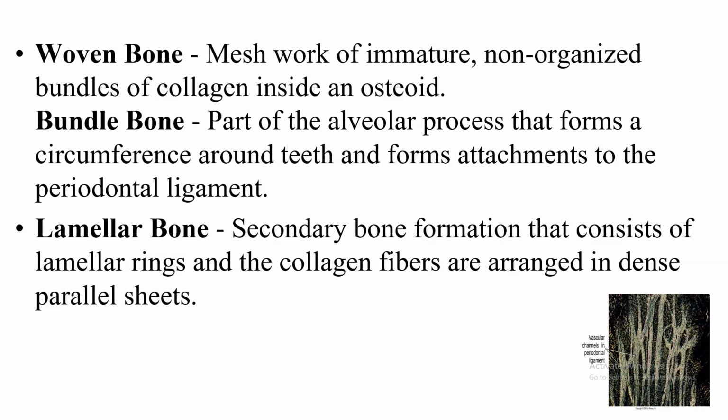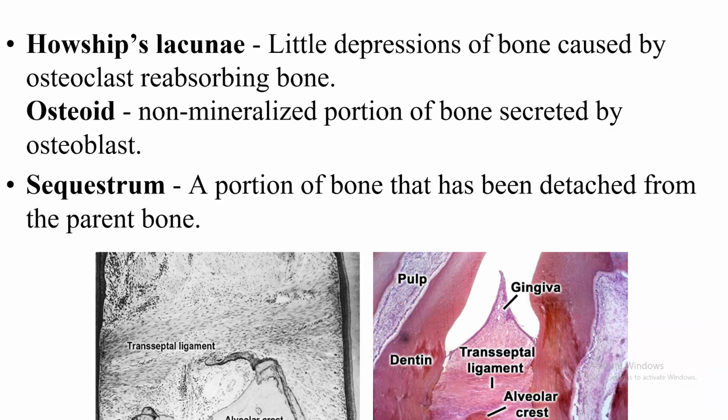Laminar bone, secondary bone formation that consists of laminar rings, where the collagen fibers are arranged in a dense spiral sheet. Trabeculae, little depressions of bone caused by osteoclasts resorbing bone. Osteoid, the non-mineralized portion of the bone secreted by the osteoblast. Sequestrum, a portion of the bone that has been detached from the parent bone.